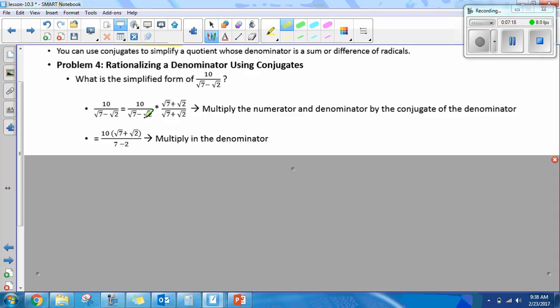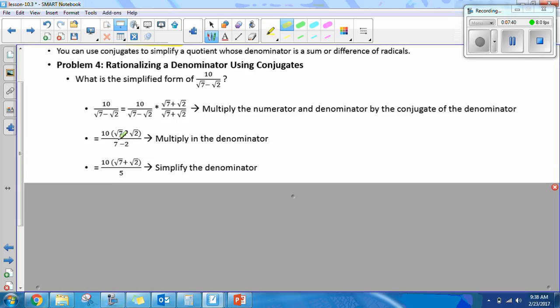But then we end up subtracting negative radical 2 times radical 7, which is negative radical 14, or minus a radical 14. So those two terms cancel out, and then we end up with the last terms, which is radical 2 times radical 2. So we're subtracting a radical 4, which is just 2. And we simplify the denominator to get 5.